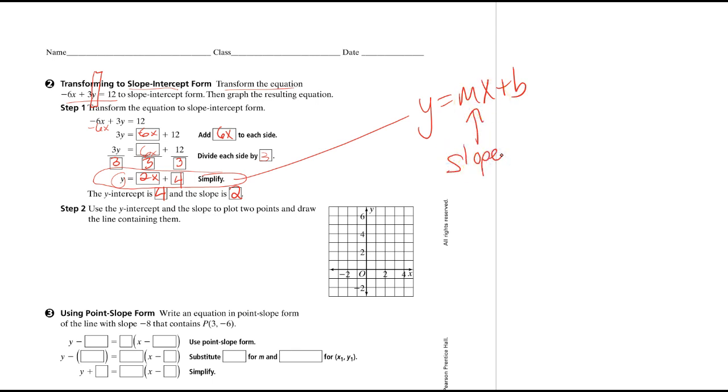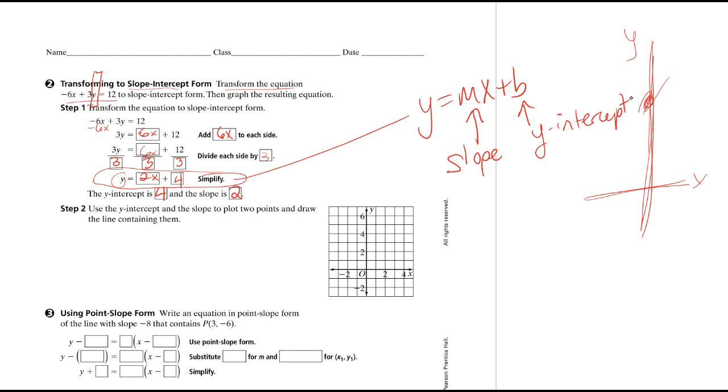You just read it, and somebody says, what's the slope? You just read whatever that m value is. Here it was 2. And the b, that is the y-intercept. That is the number where the line crosses through the y-axis, somewhere along this up and down axis. So here's x, here's y, here's my y-intercept.